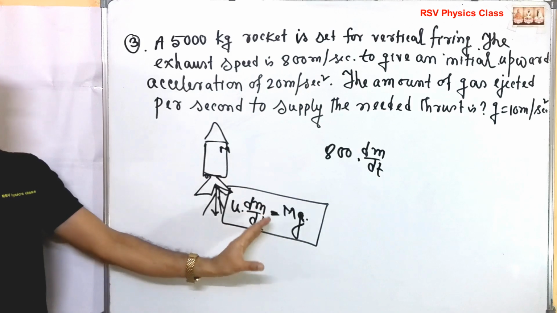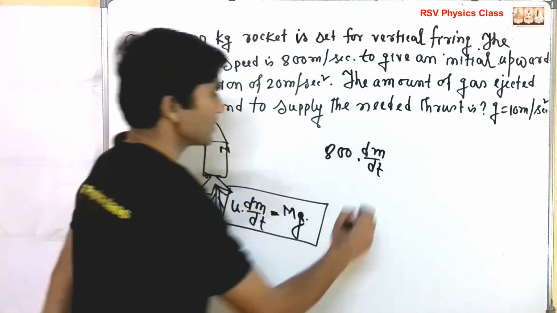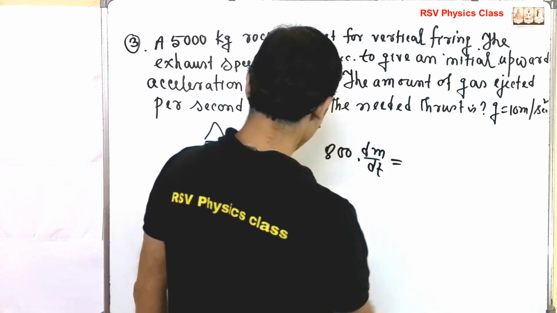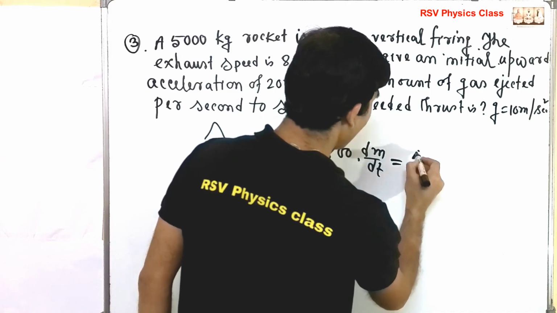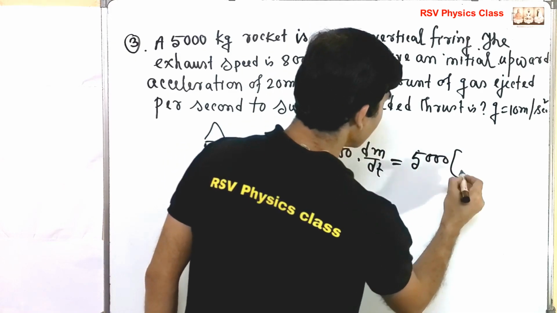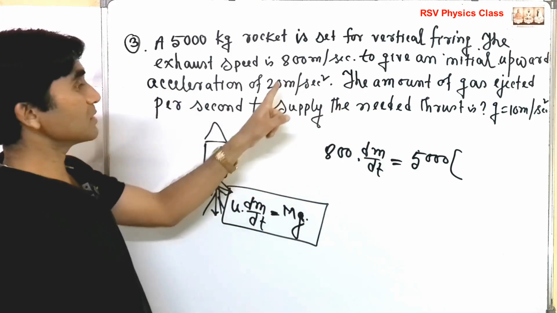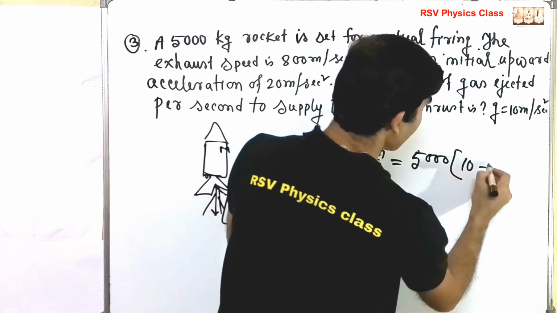This is the basic principle of this equation. So u dm/dt equals how much? m is 5000 into, here the initial acceleration is also there, so g is 10 plus 20.